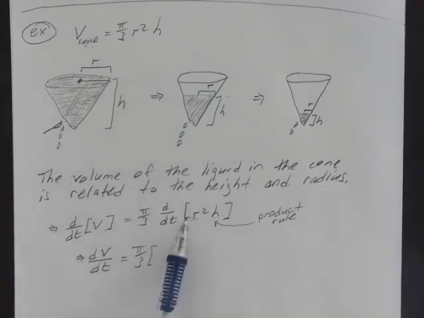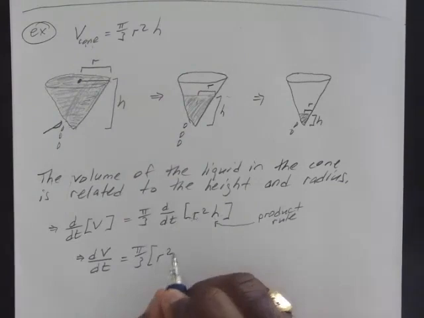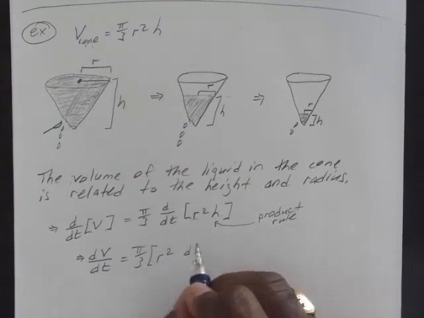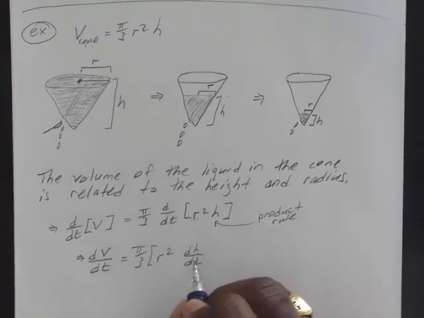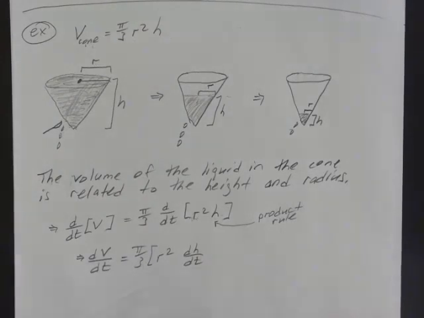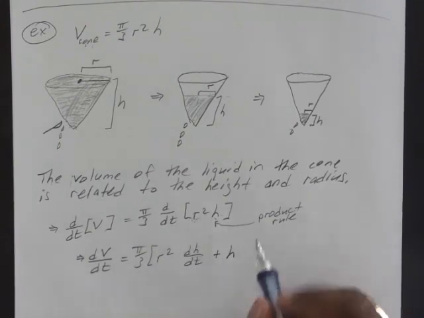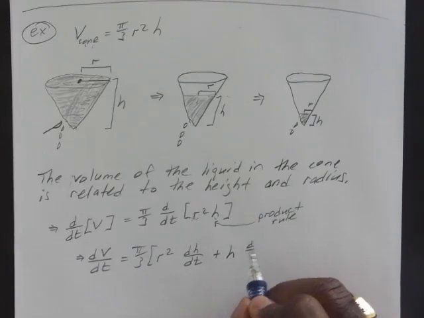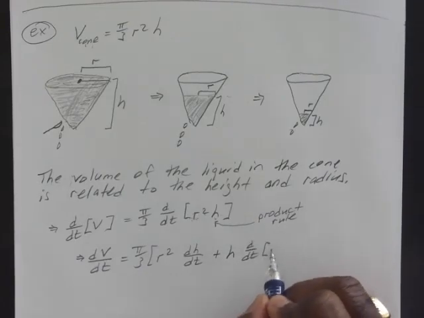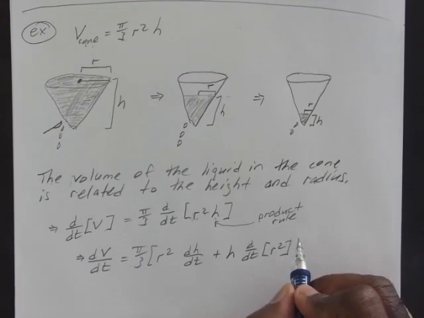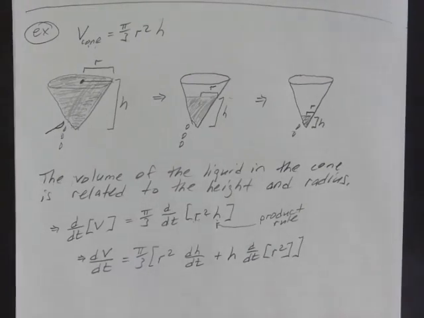And with the product rule, we have the first function times the derivative of the second. So we have r squared times the derivative of h with respect to t, plus the second function times the derivative of the first. Okay, and remember, the derivative with respect to time of r squared. I'll write that first and then do the steps.